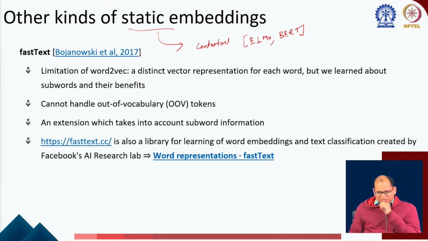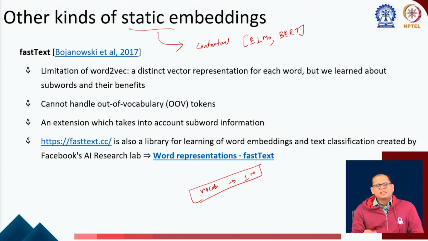What is that? So if you remember what we were doing, from our data we are fixing our vocabulary, right. So vocabulary is always fixed. Even if it is a million, it's a fixed vocabulary, right. So now you will learn the word vectors for all the words in the vocabulary. Now what it limits us to is, what if I have a new word in my data that is not part of my vocabulary?